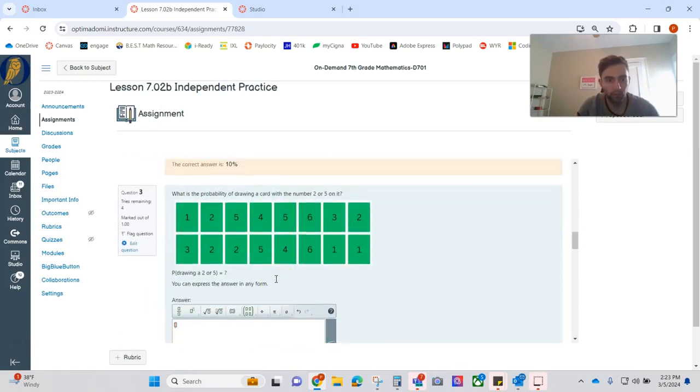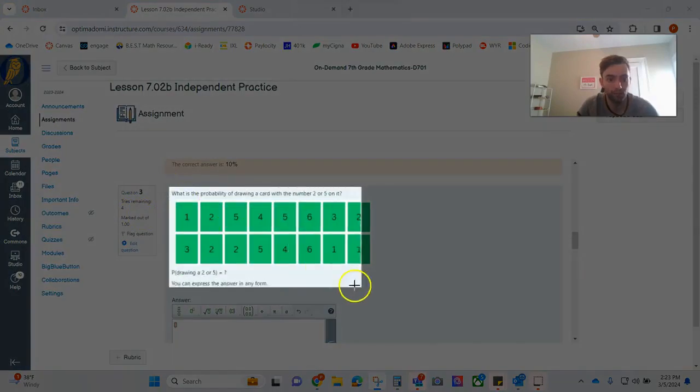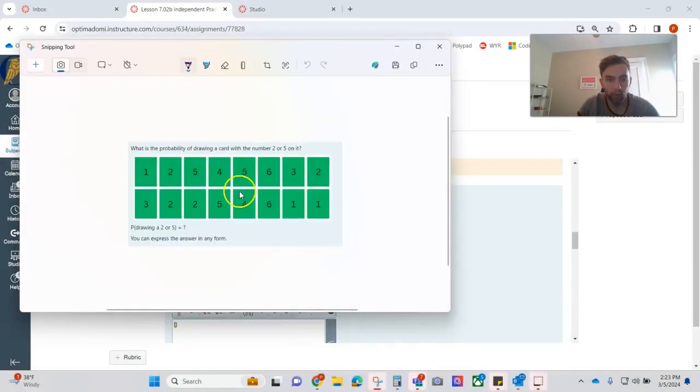10%. Question 3. What's the probability of drawing a card with the number 2 or 5 on it? I want to put my desired outcomes on top of my total outcomes, kind of like I'm setting up a ratio or a fraction.